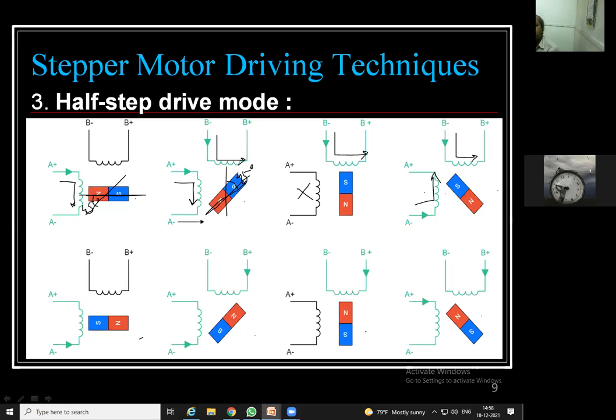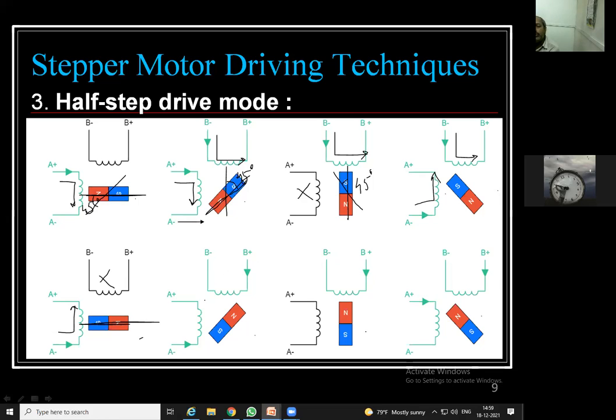So it changes from this position to this position. So again the angle is 45 degree. Then again, A coil is energized, but the direction is reversed. B is nothing. So in the same position, but here N was there, here S is. In this way it is there.